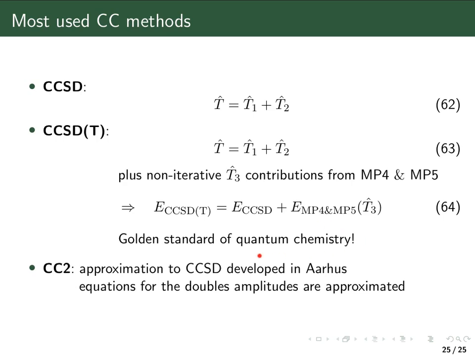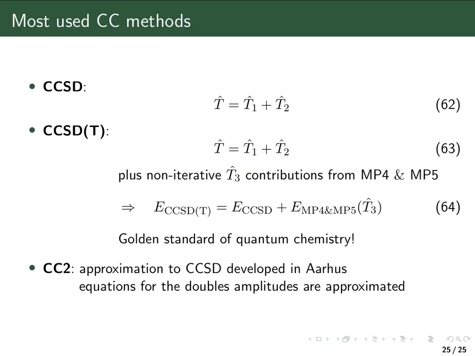What is called the gold standard of quantum chemistry, meaning the best quantum chemical method which can still be routinely used in calculations, is CCSD(T). That is essentially, in the first place, coupled cluster singles and doubles. So one does a coupled cluster singles and doubles calculation as normal, and one gets the coupled cluster singles and doubles energy. But then one adds a correction to that, which includes triple excitations.